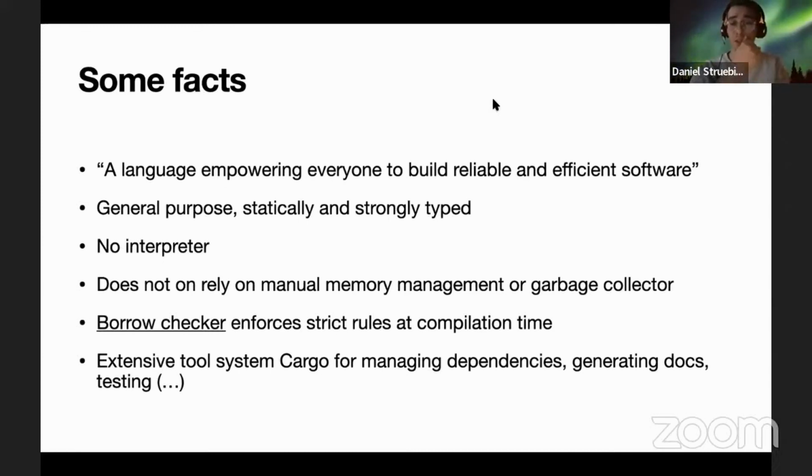One of the key differences that Rust has compared to other languages in a similar general purpose domain is that it does not rely on manual memory management, such as in C, or a garbage collector like C#. Instead, what Rust decided to do is that it enforces very strict rules at compilation time.